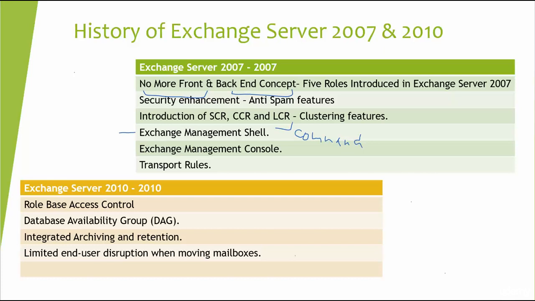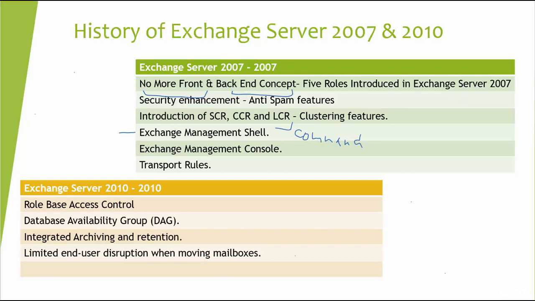Once you added a user as a member of one of those roles, that user had access over all your Exchange servers in your organization, which is a bad thing. So you want the user to have access to one of your servers, not all of your servers. So that was one of the greatest improvements that they made with your Exchange Server.